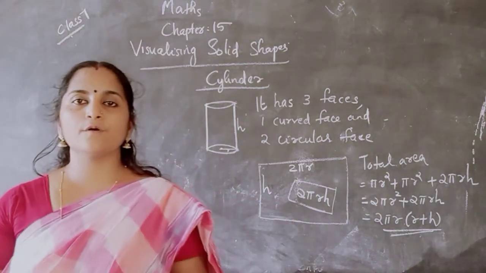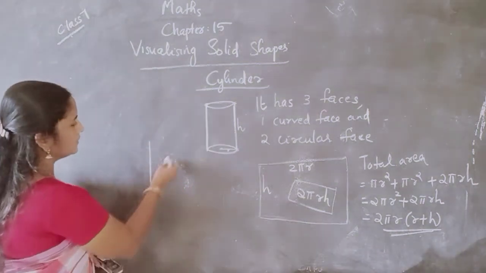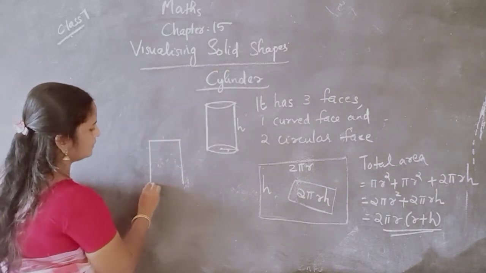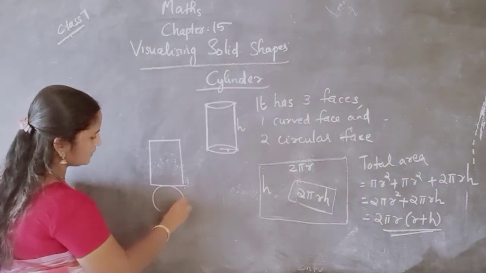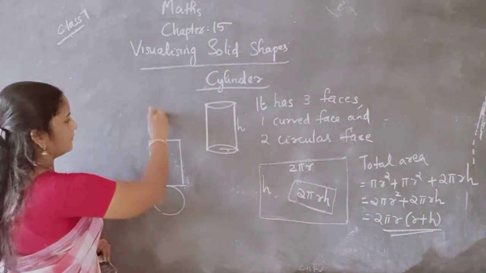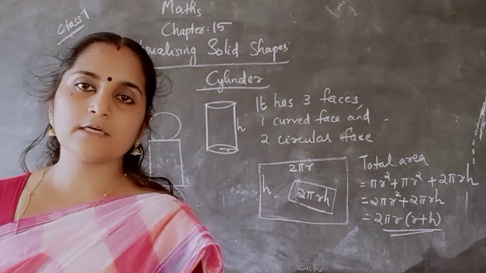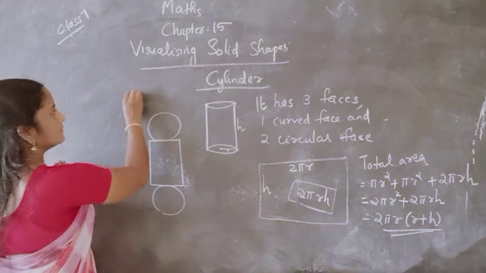Then if you open this cylinder paper, we get somewhere like this, and this is called a net of cylinder.